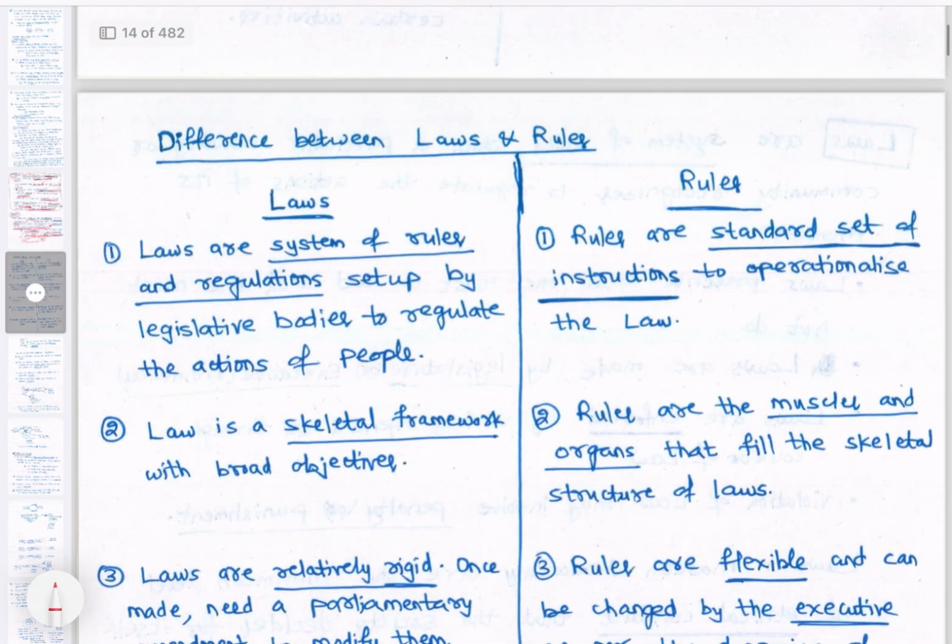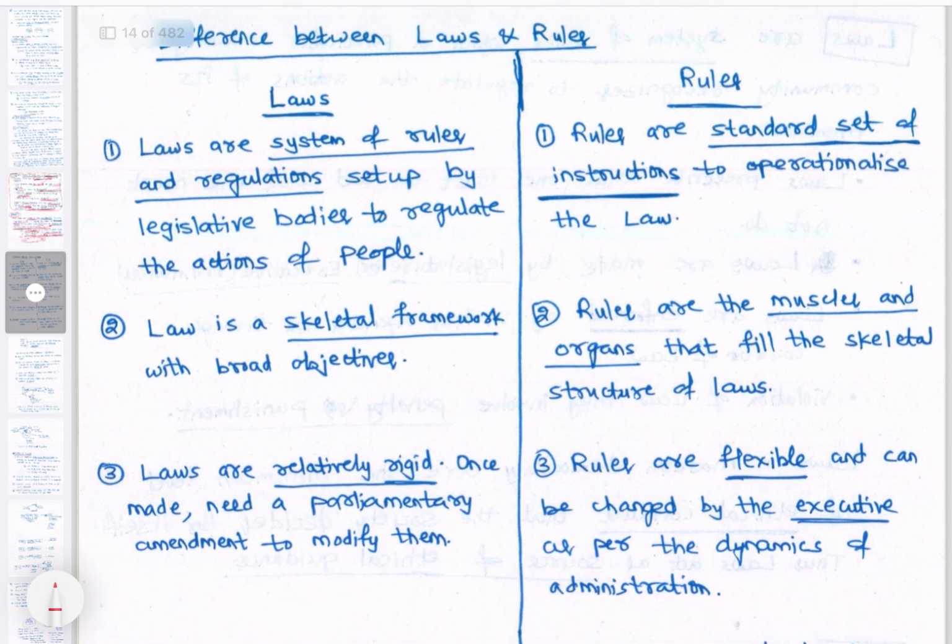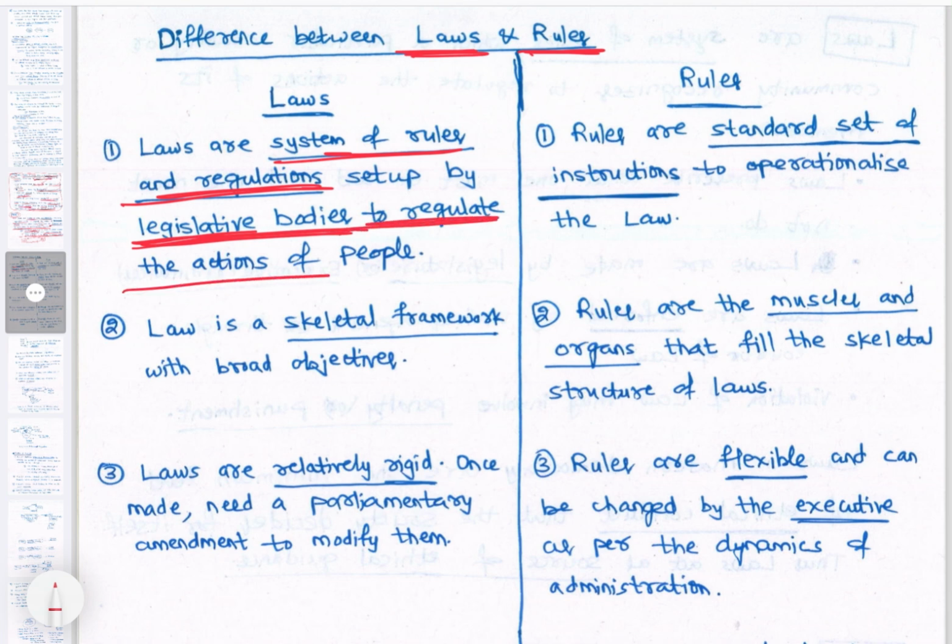Let's look at the differences, you will understand it well here. The difference between laws and rules: laws are a system of rules and regulations set up by legislative bodies to regulate the actions of people.